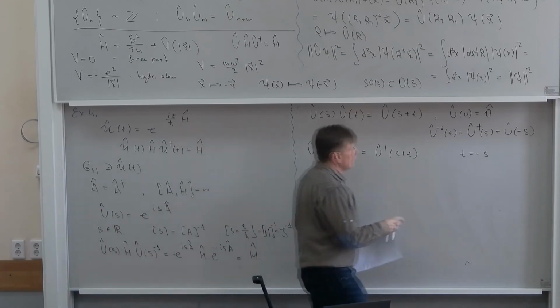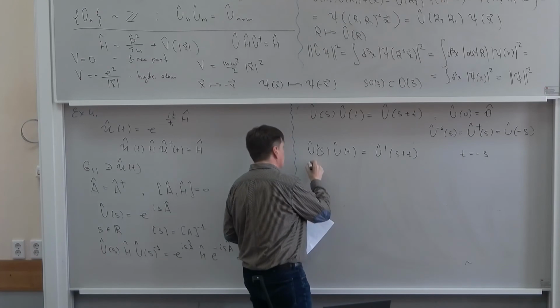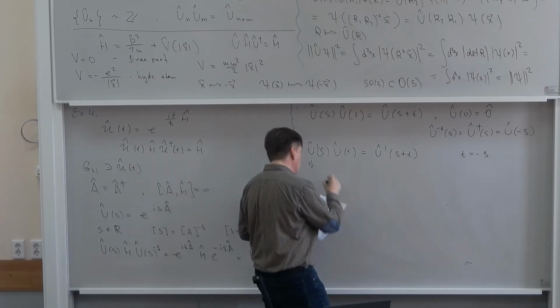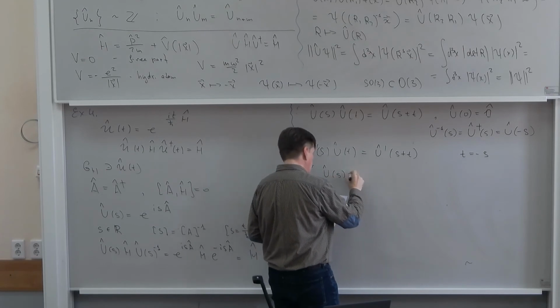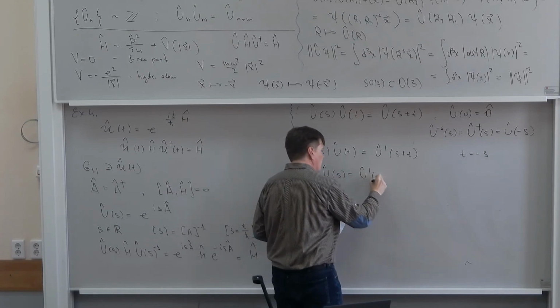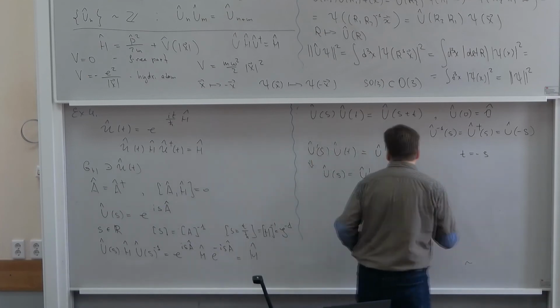Now setting t equals minus s, in this expression I get as a consequence that U prime of s is equal to U prime of 0 times U of s.